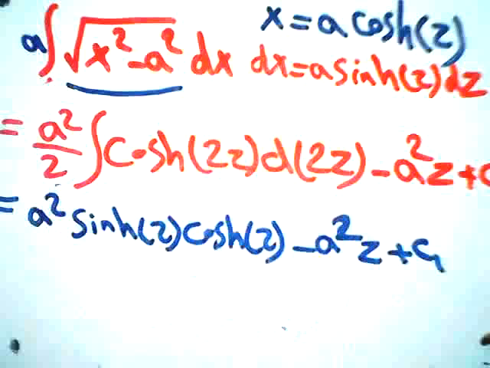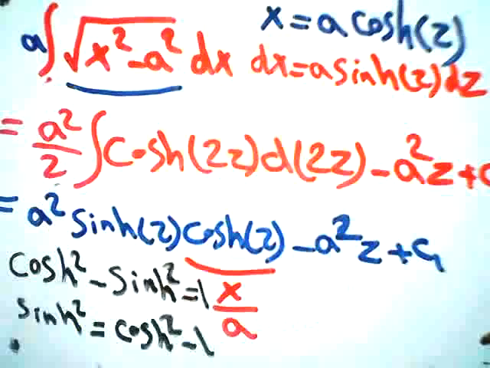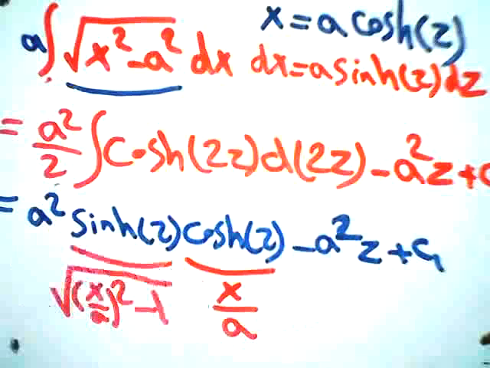Now, from the formula top right, cosine hyperbolic of z equals x over a. And now from this formula, sine hyperbolic squared equals this, or sine hyperbolic of z equals this.